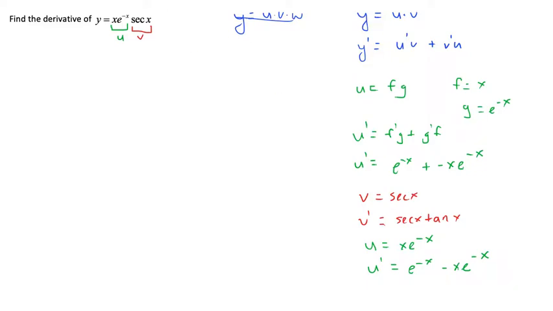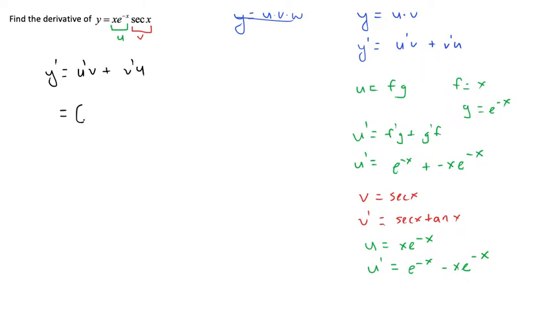Once again, the issue is there's three functions here that are going to be multiplied together. So we're just going to let the product of two of them equal just u, and then we have to use the product rule twice, essentially. So let's go ahead. y prime should equal u prime v plus v prime u. We've already done these. So what is u prime? u prime is right here, times v, the secant of x.